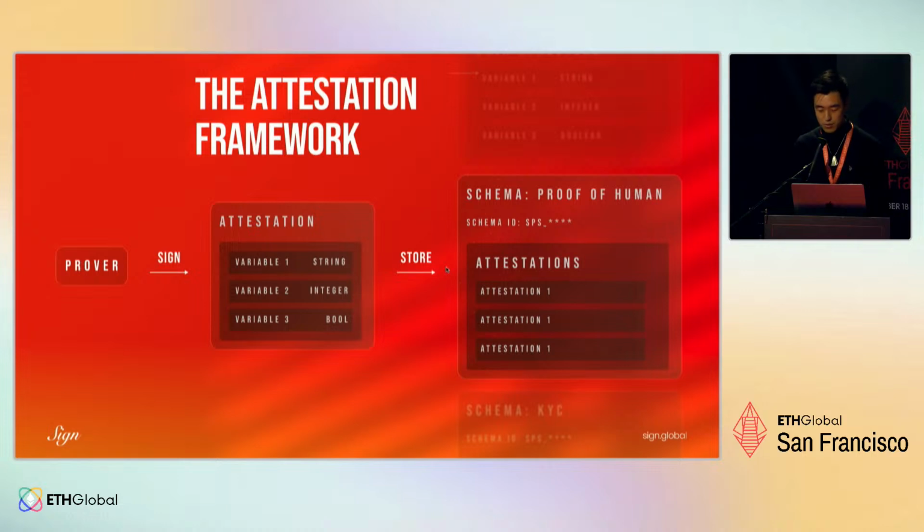You have to first define your schema, which basically has a lot of metadata about the attestations that you're going to make. For example, if they are revocable, if they have a set expiration date, things like that, or their data format, in JSON format so it's human readable.